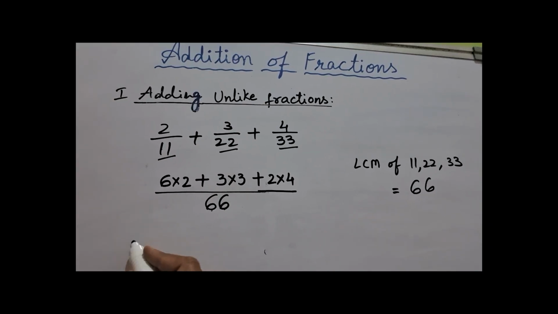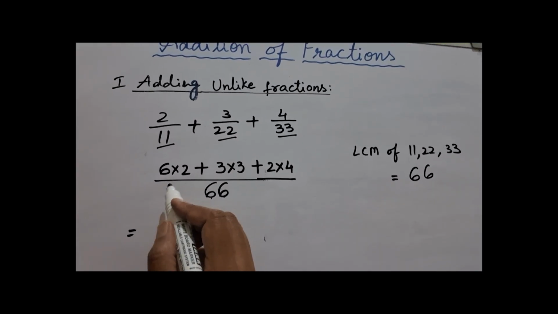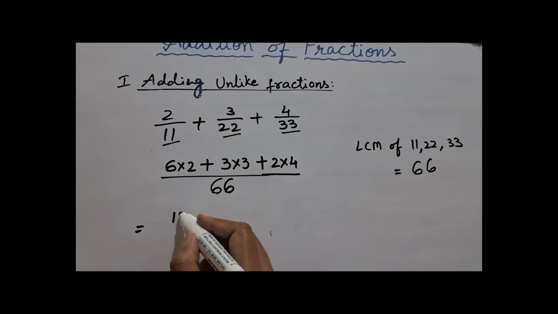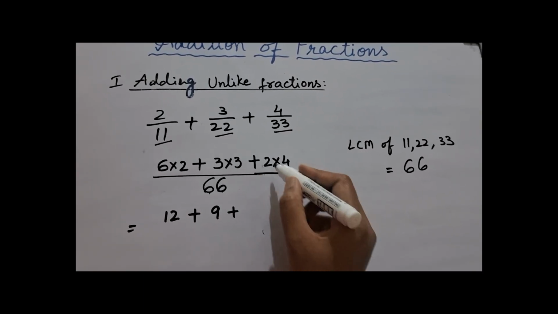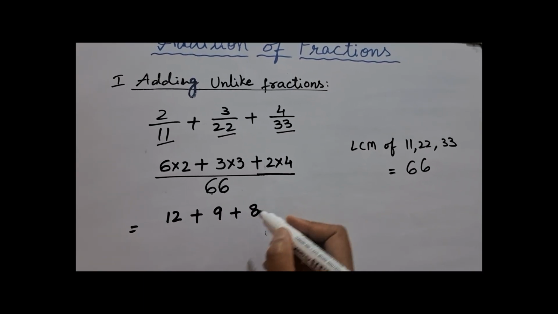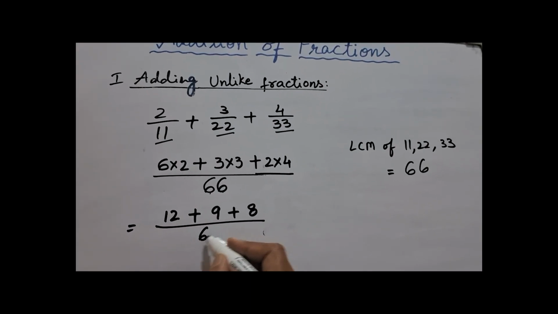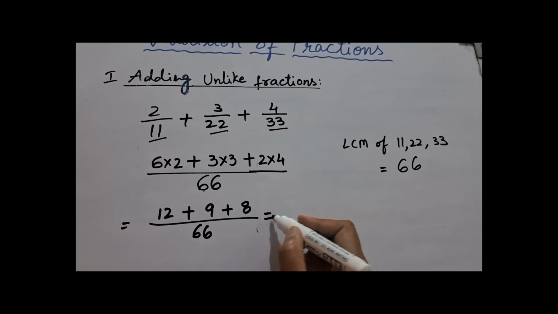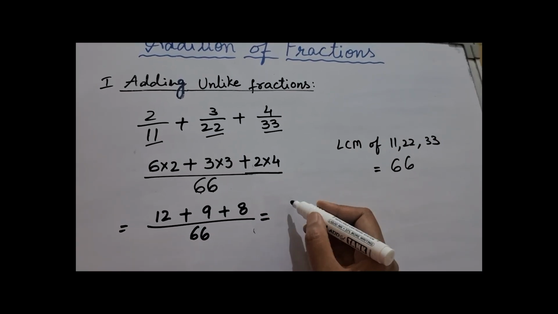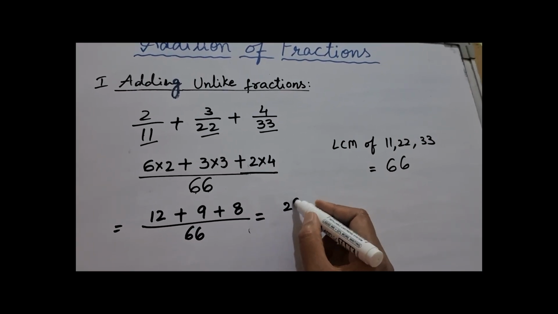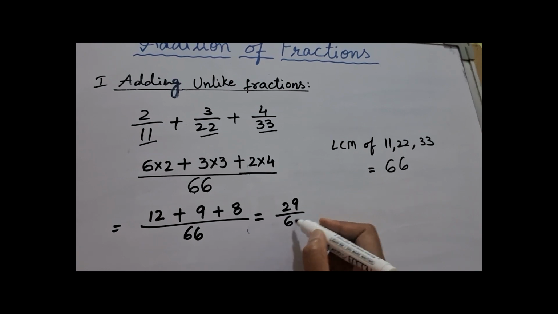Okay children, next, here what we get: 6 twos are 12 plus 3 into 3, 9, plus 2 fours are 8, divided by 66, is equal to 12 plus 9 plus 8. How much children? 29. 29 by 66.